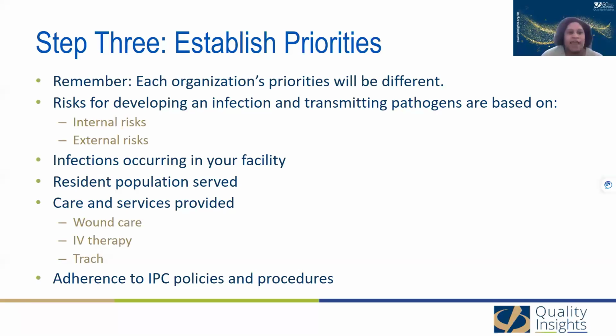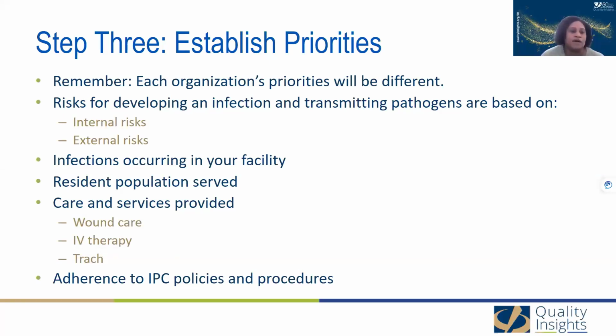You're going to take a look at infections that are occurring in your facility. If every year you get a norovirus outbreak, or something that is consistently on your radar, make sure to include that in your risk assessment. You're going to take into consideration the resident population served and any risks that might be associated with that population, and also risks associated with the care and services you provide.